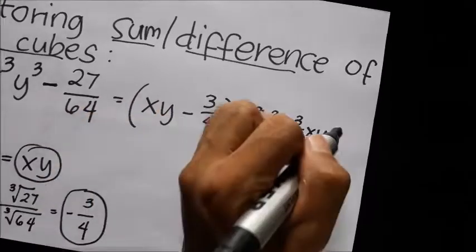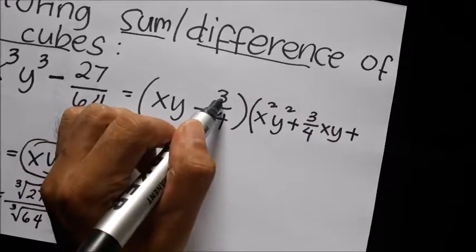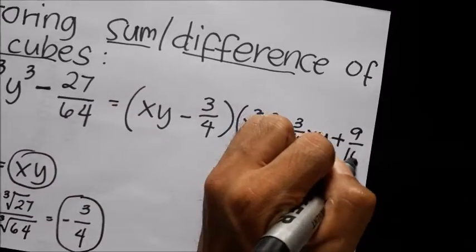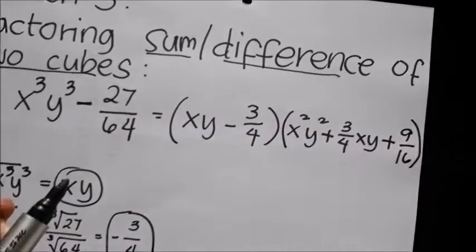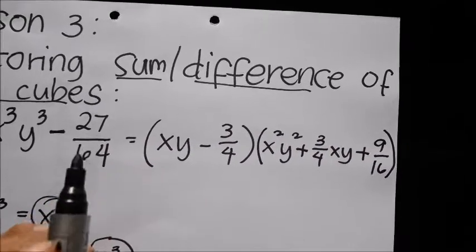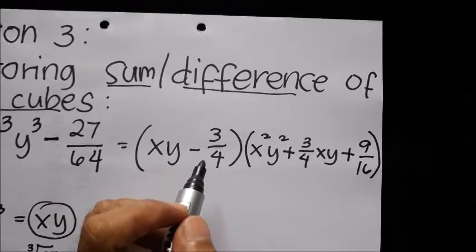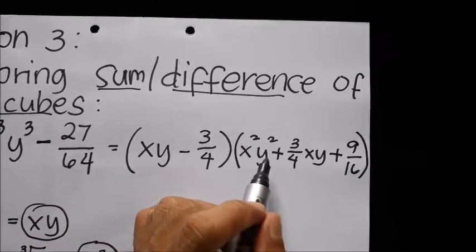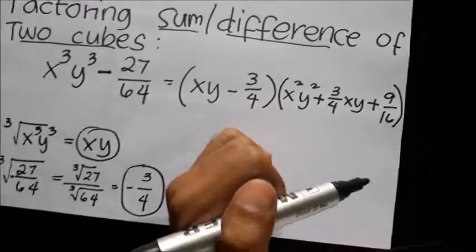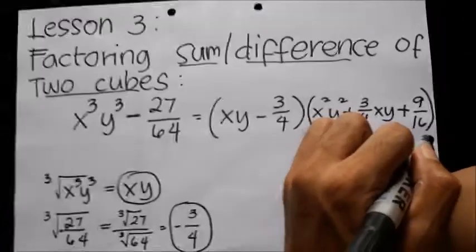Then i-square mo to, plus 3 times 3 is 9, 4 times 4 is 16. So the factored form is the quantity xy minus 3 over 4 times the quantity of x squared y squared plus 3/4 xy plus 9 over 16. This one.